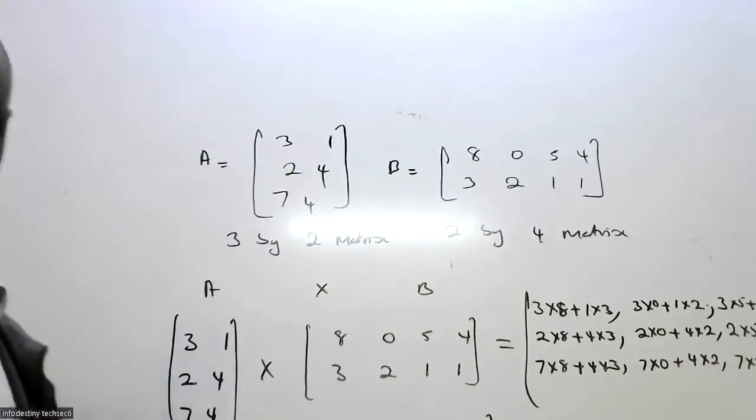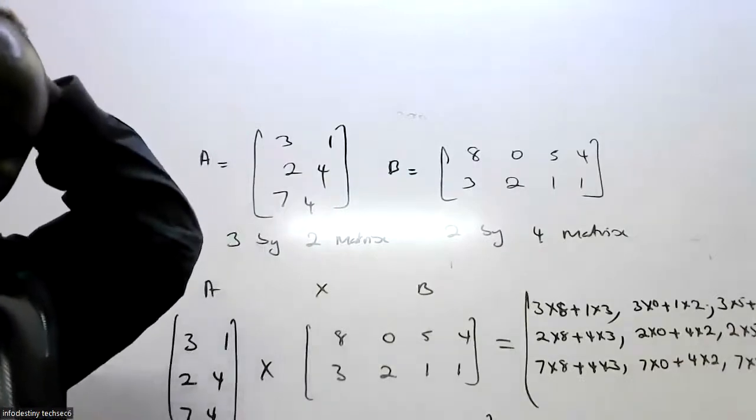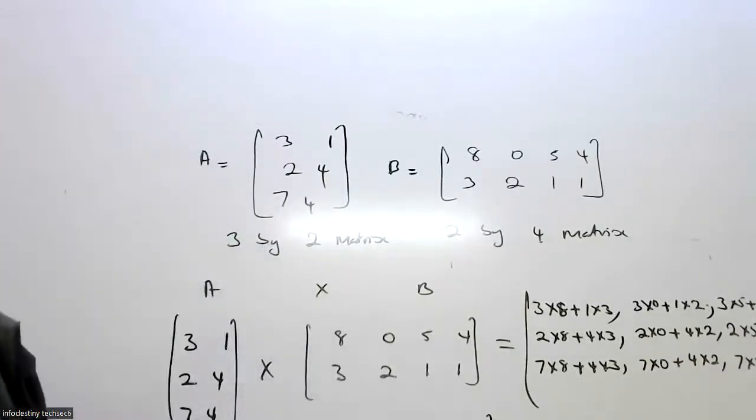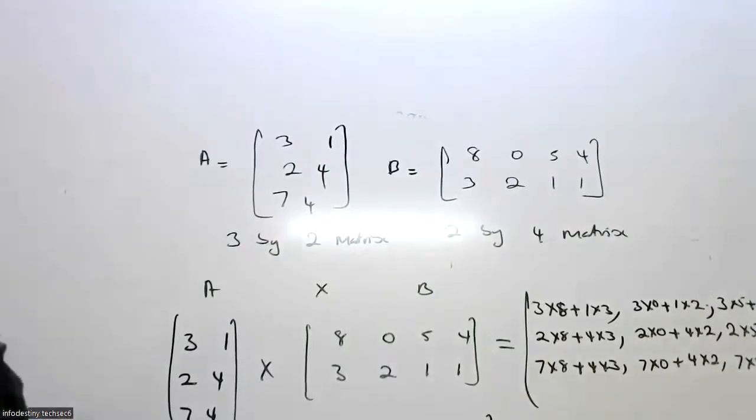Number 3. If AB is possible, then it does not necessarily mean BA is possible, unless the 2 matrices A and B are square matrices.